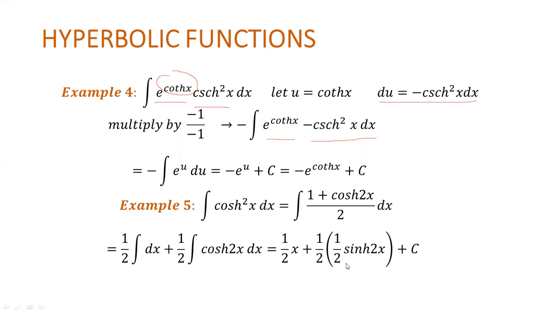This one is for this particular constant, and this 1/2 is for the other 1/2 that will be actually multiplied to the 2 that you introduced here for the derivative of the 2x in the argument of your hyperbolic cosine. So in that sense, this is now our integral: 1/2 x plus 1/4 hyperbolic sine of 2x.